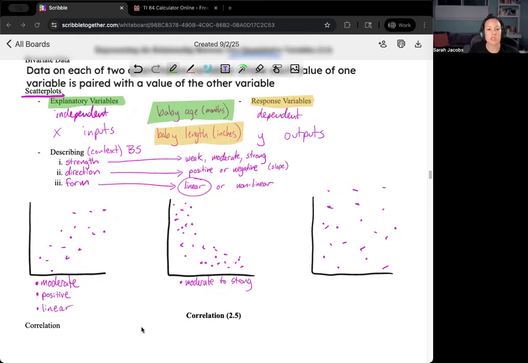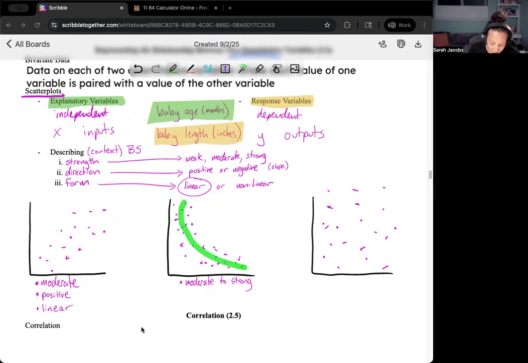Don't worry too much about being able to tell perfectly, oh, is this a moderately strong or a strong relationship? You'll know it when you see it. And you'll get a lot of practice. I've got some Delta Math problems to help you practice, like when is it strong, when is it weak. It's not something you need to have perfect thresholds for.